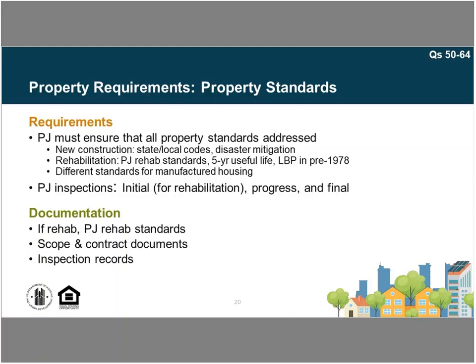New construction is generally subject to state and local codes and also disaster mitigation where that's required, while rehabilitation focuses on your own PJ rental or written rehab standards, and those standards have to disclose what kinds of improvements you will do, what health and safety or life-threatening deficiencies need to be addressed as a priority, five-year useful life on building structures and systems, and if the property happens to be a pre-78 unit, the lead-based paint requirements.